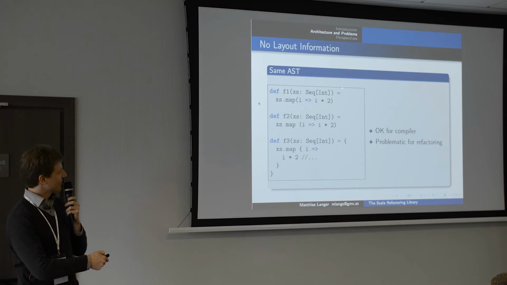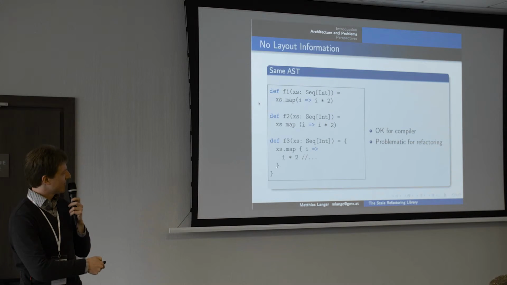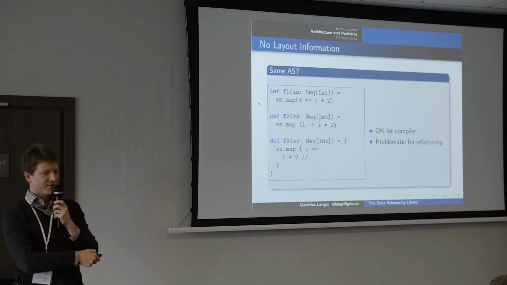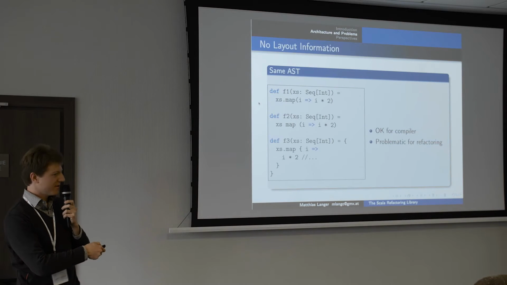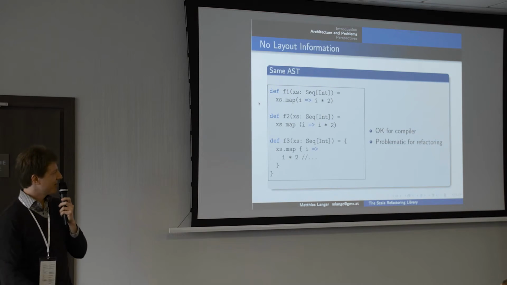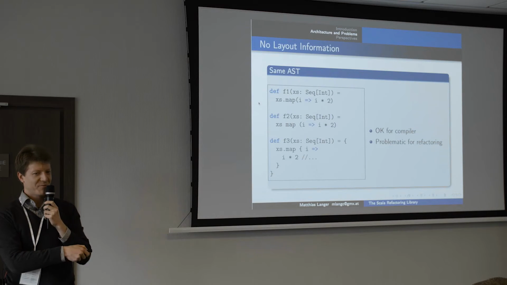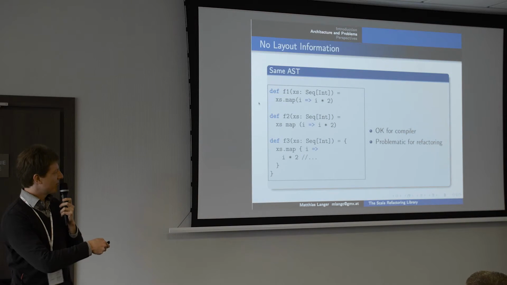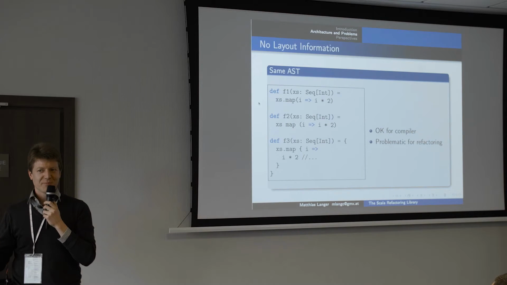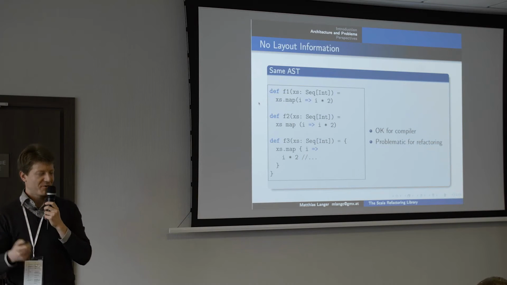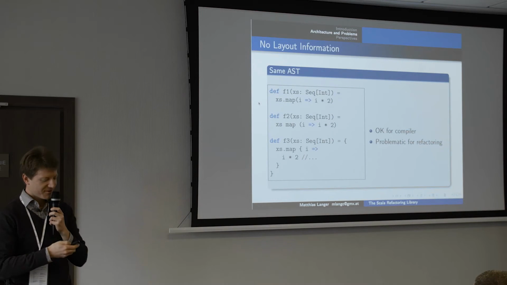If you look at these three methods here, they all have the same abstract syntax trees, and of course they are semantically equivalent. This is perfectly fine for a compiler, but for a refactoring library this is problematic because refactoring is expected to keep the formatting from the user and not to mess around with it.